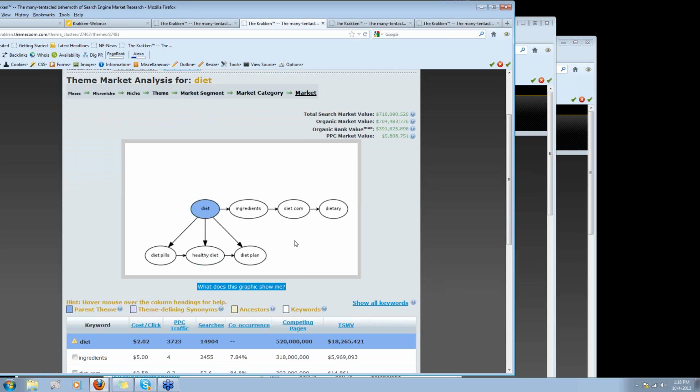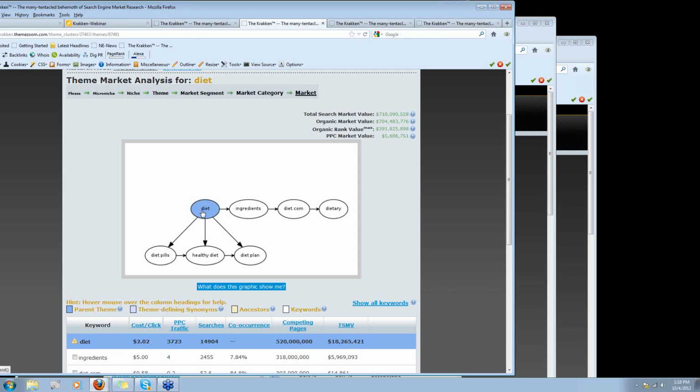It's not like you can pick out the keywords that you want it to graph out. Krakken's got a predefined set of criteria that a keyword has to fit, and then it graphs it out for you.